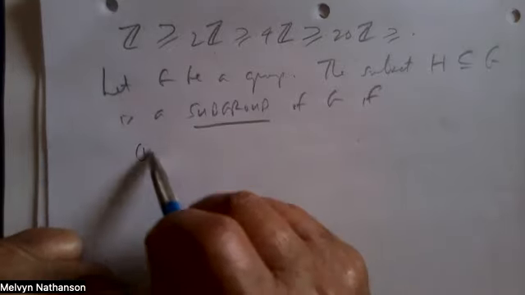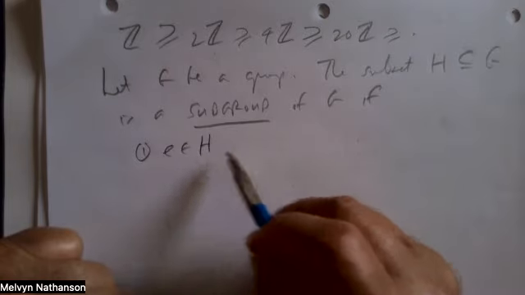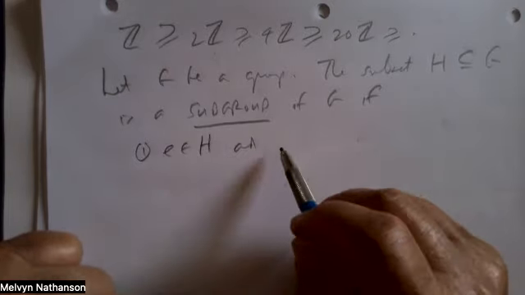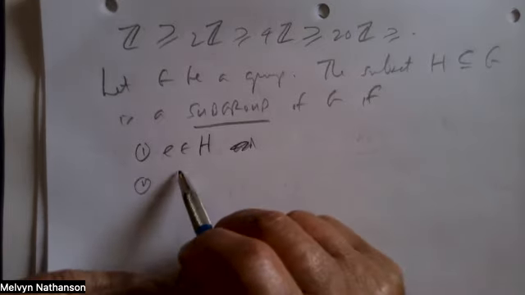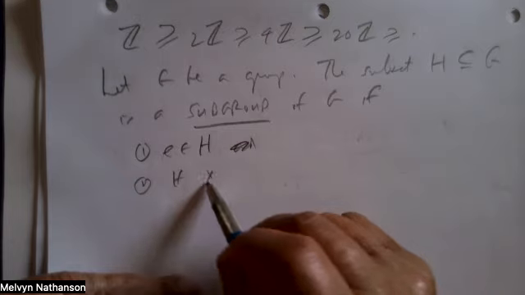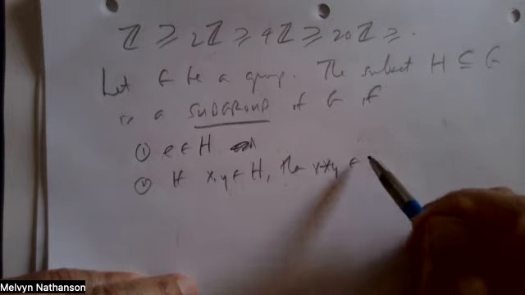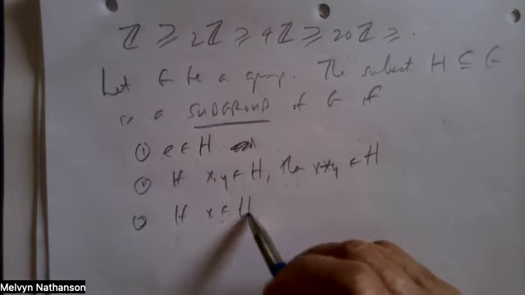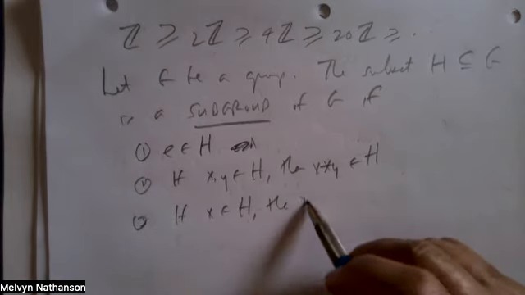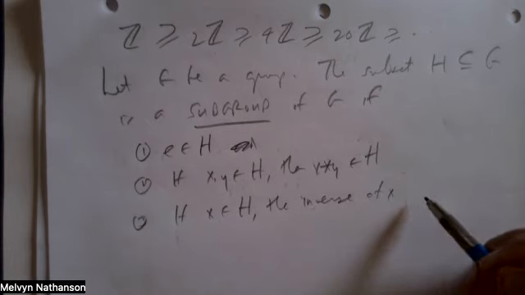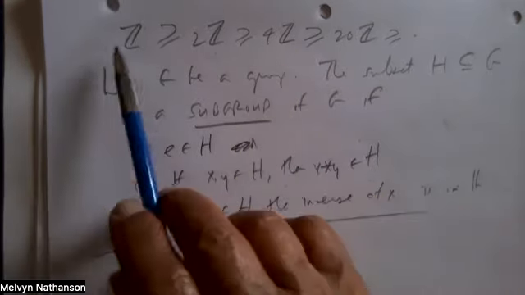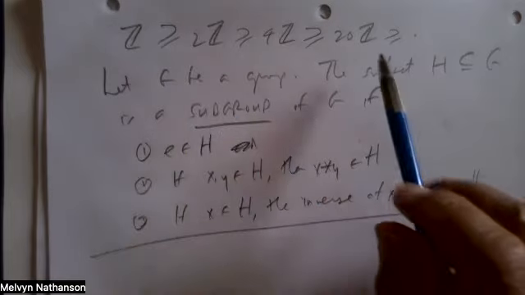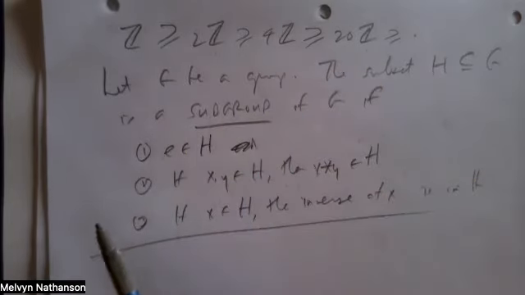So if the identity belongs to H, the subgroup, and if X and Y are in H, then X times Y is in H. And if X is in H, then the inverse of X is in H. So each of these is a subgroup of Z. In fact, 4Z is a subgroup of 2Z, and 20Z is a subgroup of 4Z, and so forth.